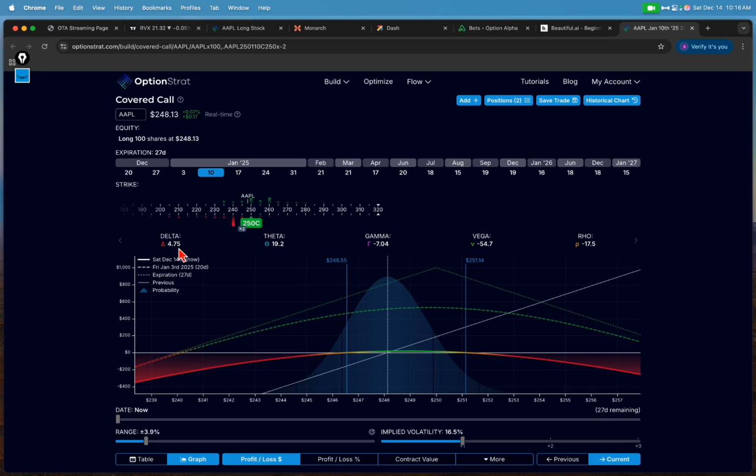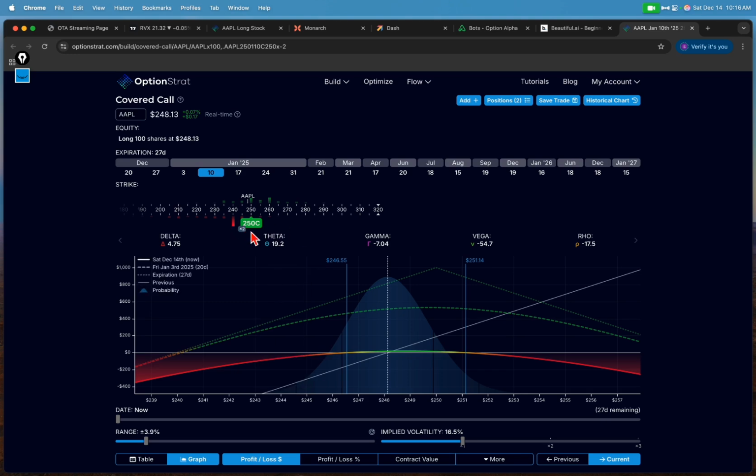Now, I could do that as I did here with an individual stock, or let's just say I have an entire portfolio of stock, and maybe that represents $100,000. I could come in and just sell calls on a big index or an ETF like SPY, and hedge that overall portfolio a little bit if I wanted.